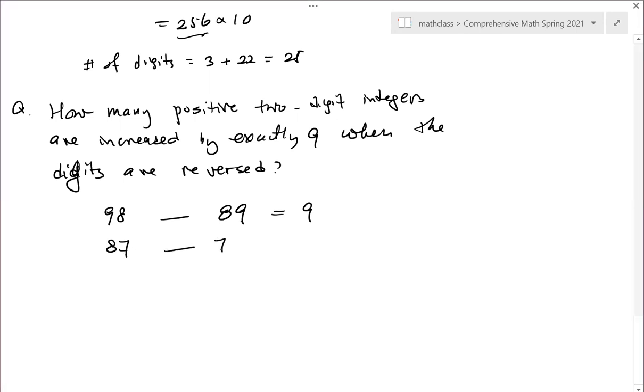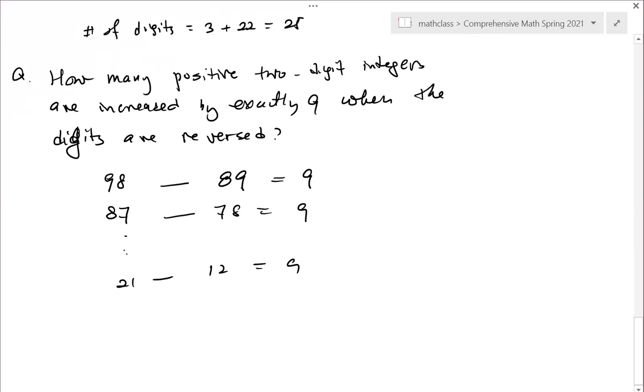That's also, 78, that's also 9. But the question is, are there only those? 21 minus 12 is going to be 9, then that's it, right? Total, you're going to get an 8 here, no problem. But is there any other possible solutions?